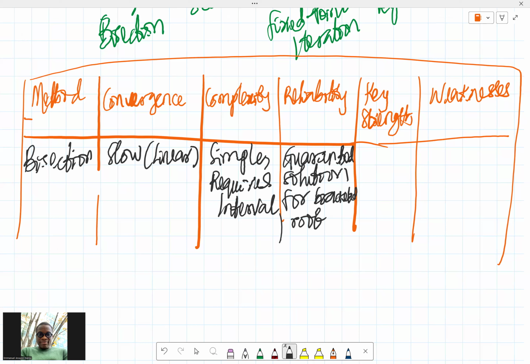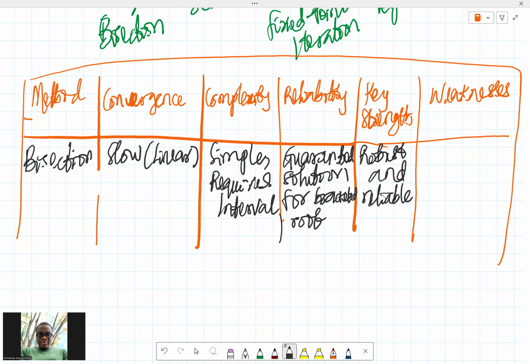The key strength is that it is robust and reliable. The key thing is to be sure the interval you're working on actually contains the solution, and the simple check is to see if the two values have opposite signs.